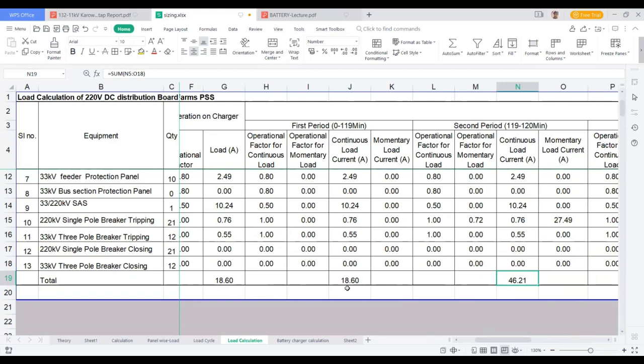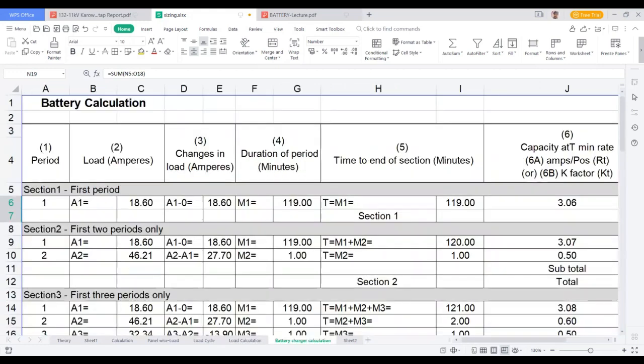So when you're done with this, we are calculating the battery. For the first period, the battery has to send 18.6 amps of current for a period of 119 minutes. That is my condition.